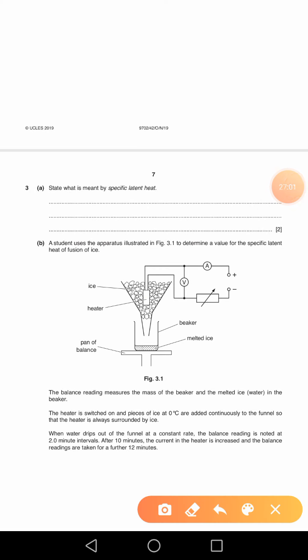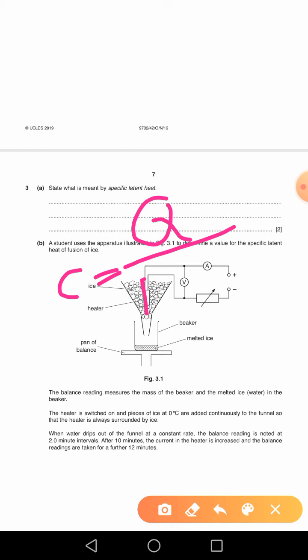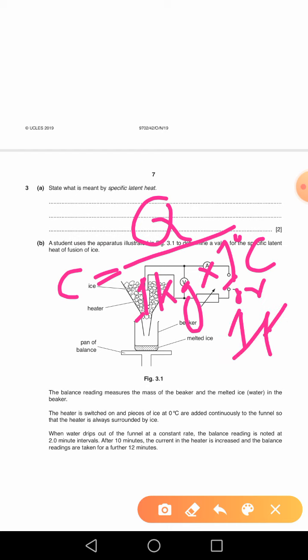Okay, so question number 3. State what is meant by specific latent heat. You know that specific heat capacity means the amount of heat energy needed to change the temperature of 1 kg of a substance by 1 degree Celsius, or 1 Kelvin.